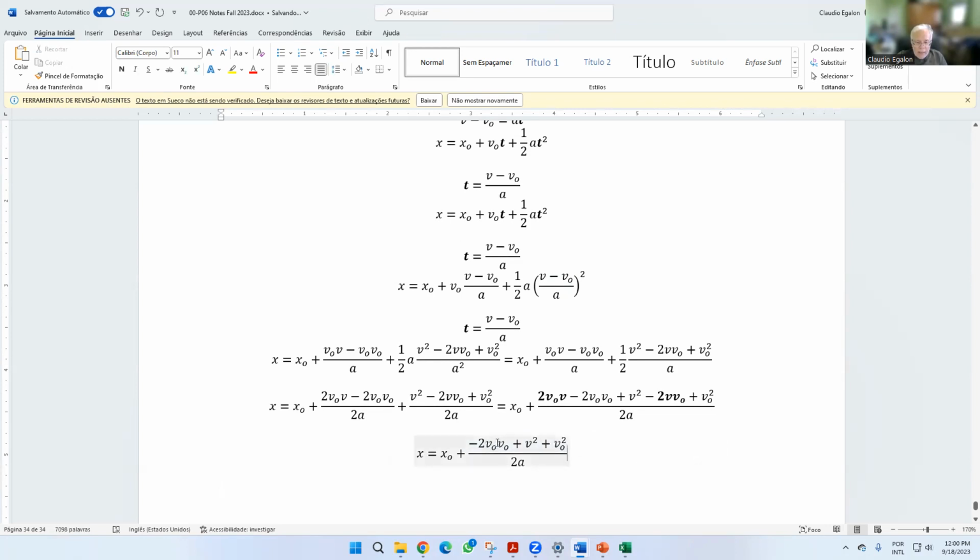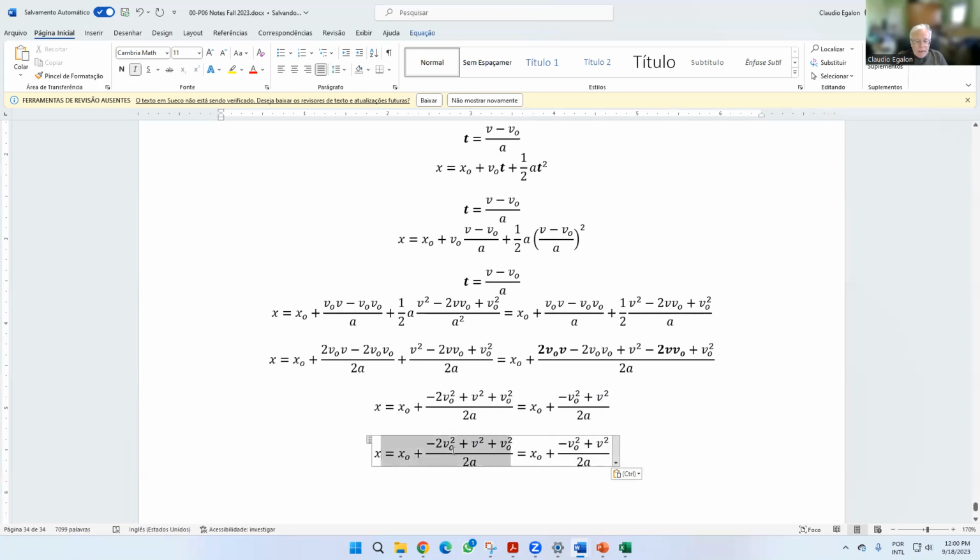And on top of that, we can raise v naught to the square. That's another simplification that you can make. And combine this minus 2 v naught v with this plus 2 v naught v. When we combine them, we are almost there. Almost there. We're almost there.